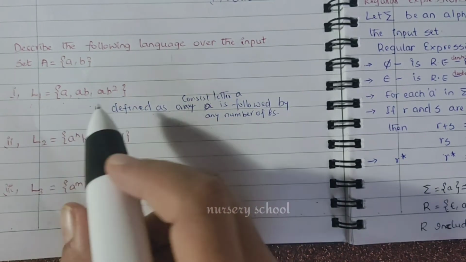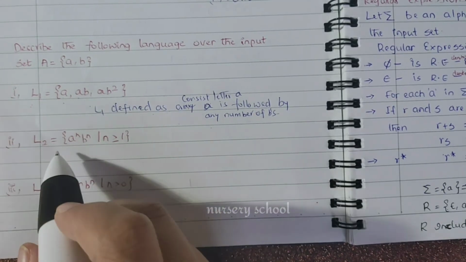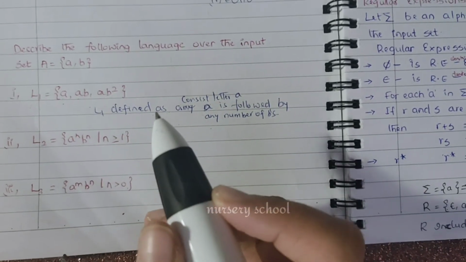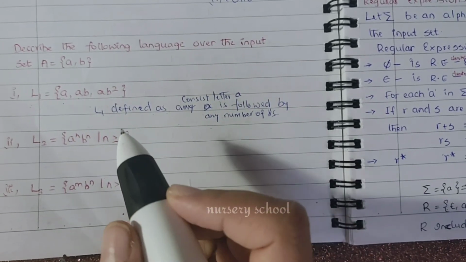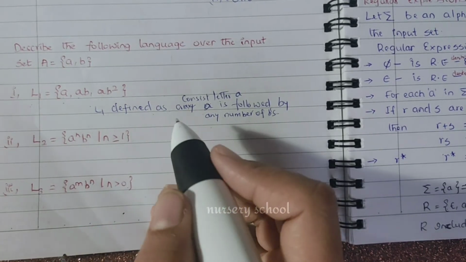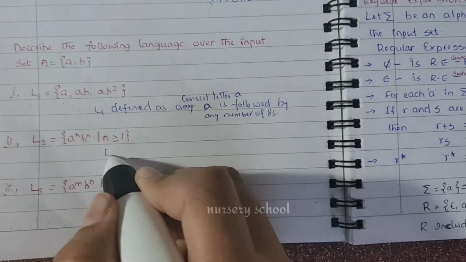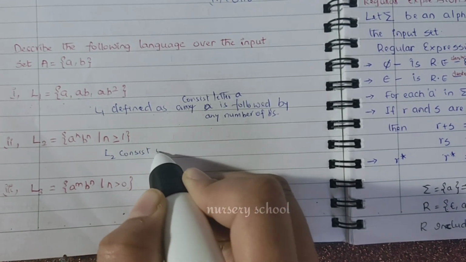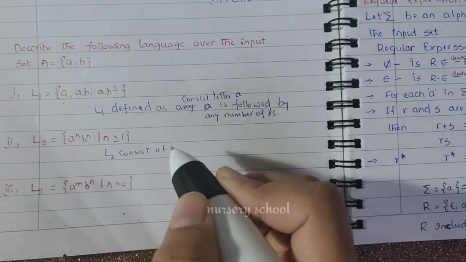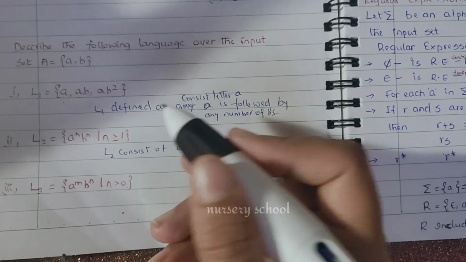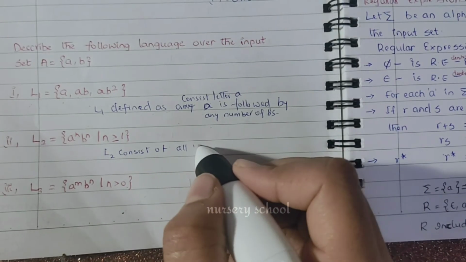And that's the definition. Then we will see L2 is equal to {a^n b^n}, and n should be greater than or equal to 1. So how to say this one? Now L2 consists of all the strings we have. Here n greater than or equal to 1 means n can be any number.